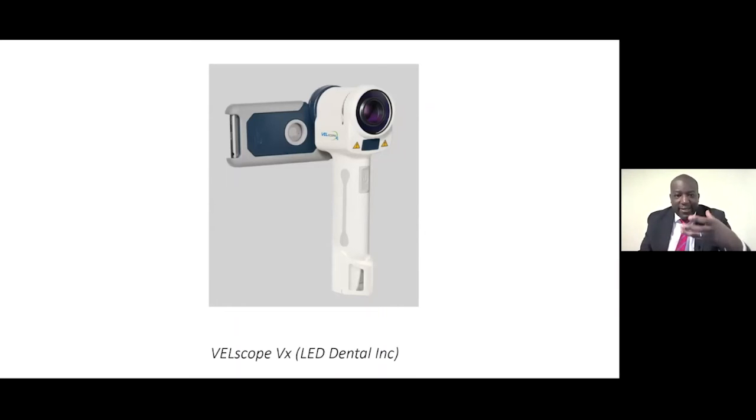It's a blue light source that is integrated into the handpiece with an optical viewing filter, and you can get as an optional accessory an image adapter, so you can take a picture of what you've seen and just document it. So that's the original, the Velscope, and they've had various iterations, and this is the latest one.